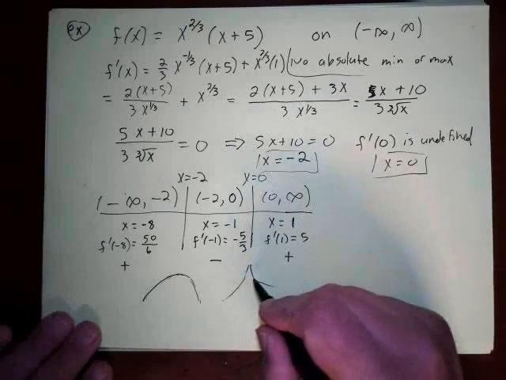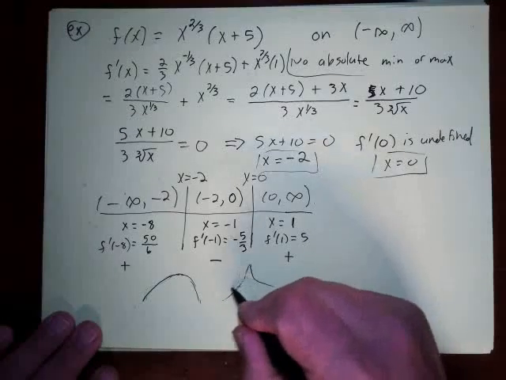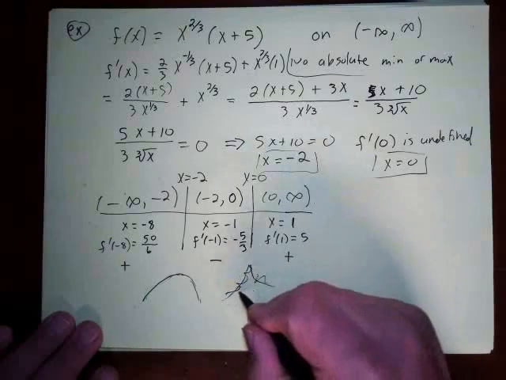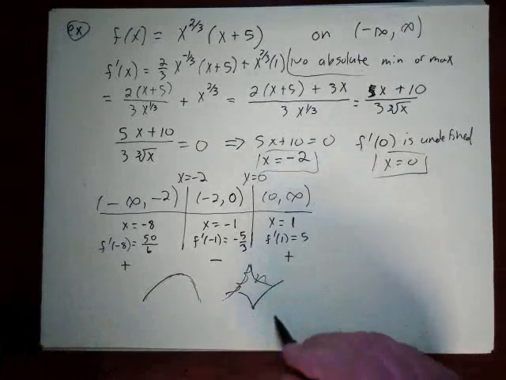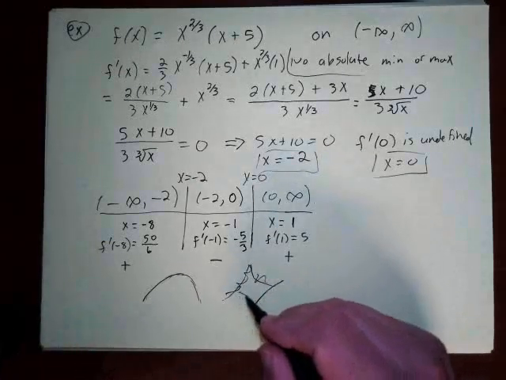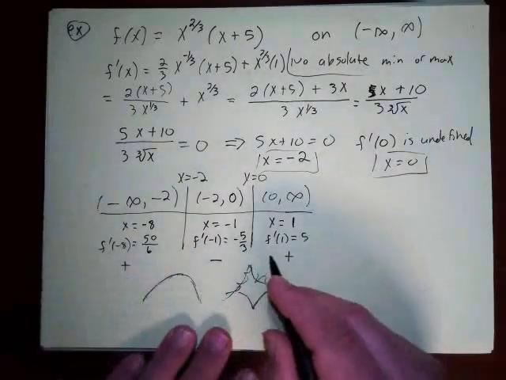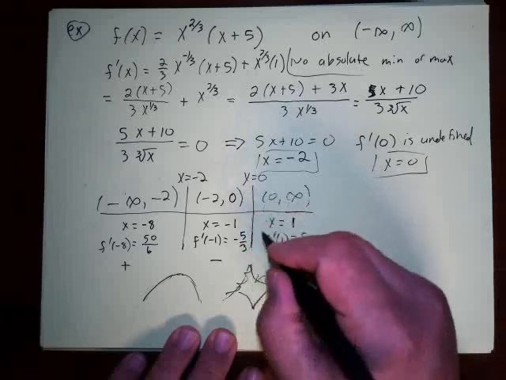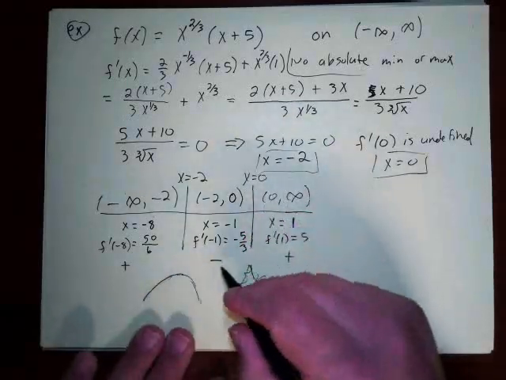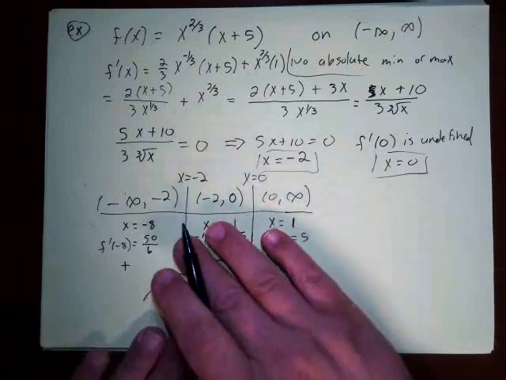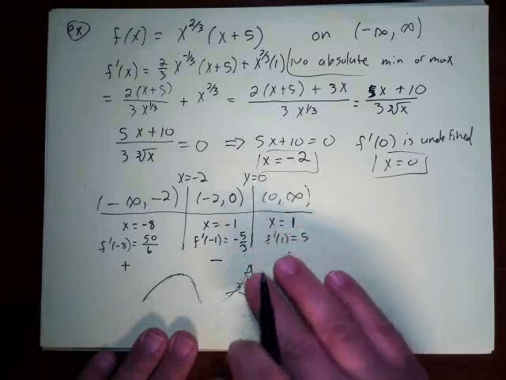Oops, actually, it can't be doing that because this is positive. So it's doing something like this, negative and then positive. And it doesn't matter. You don't have to draw what this is going to look like. But this critical point is where the function's undefined. It doesn't matter if it's a critical point where the derivative is 0 or undefined.